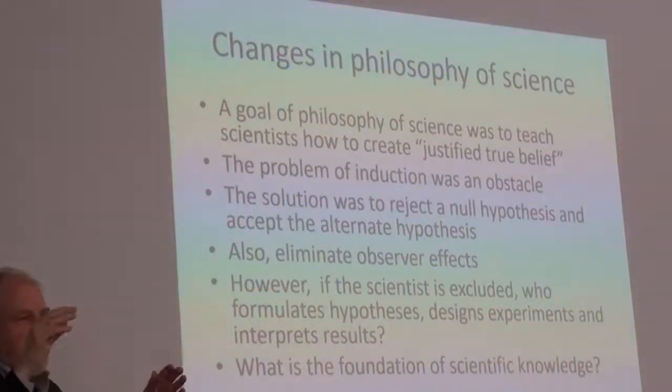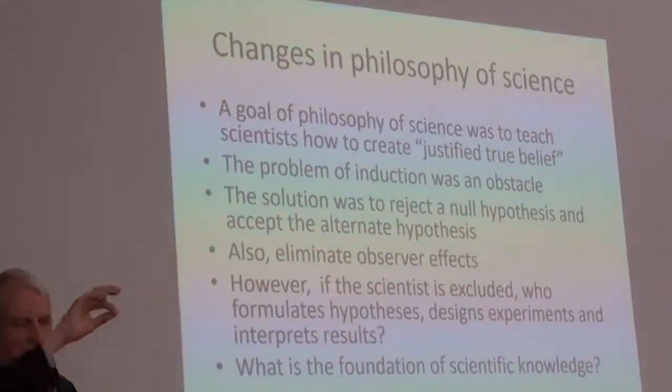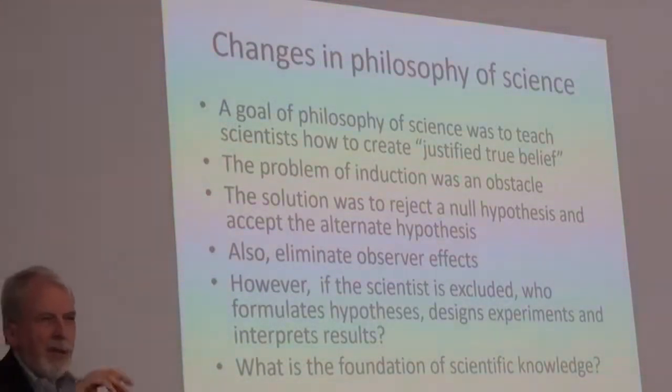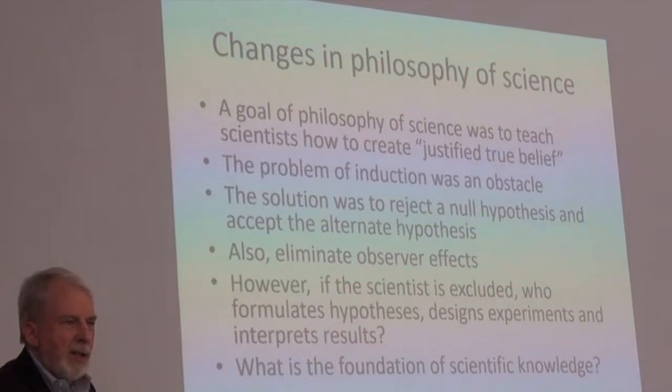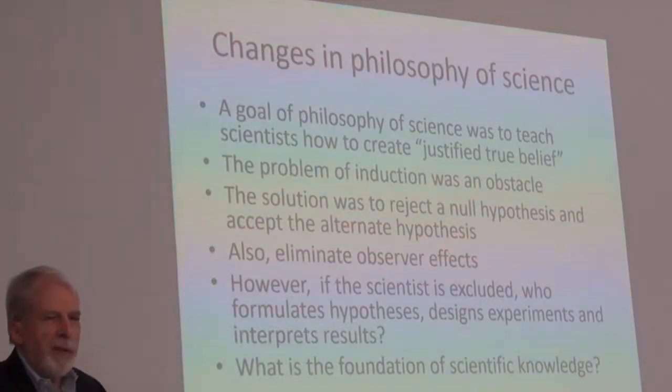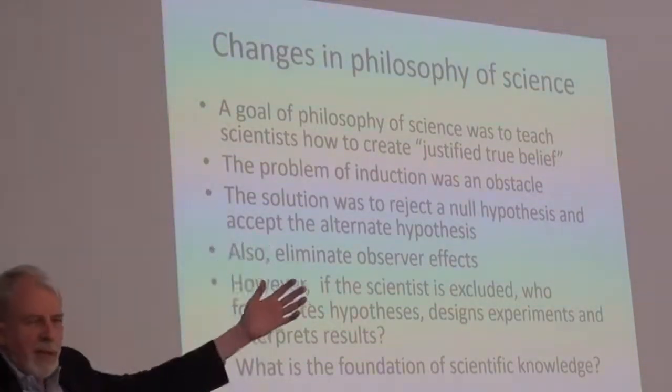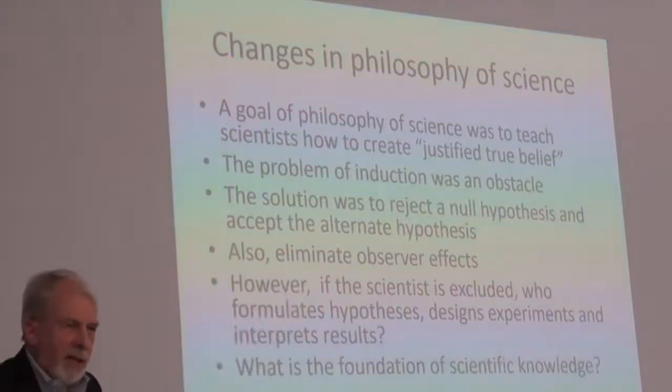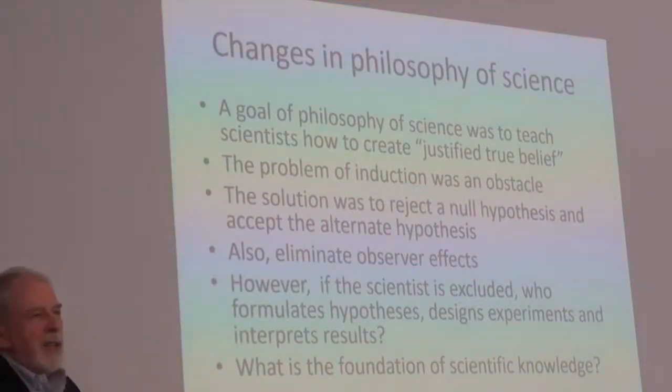Okay, deduction is simple. If you got your axioms right, your logic right, any conclusion is true. Induction is a problem because you're going from empirical observations to a generalization. And that's tricky because you can see a lot of white swans and come to the conclusion all swans are white.